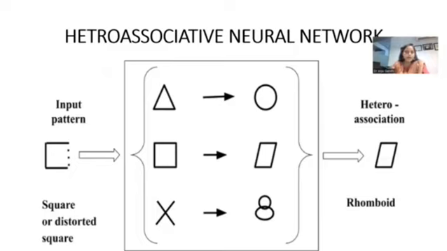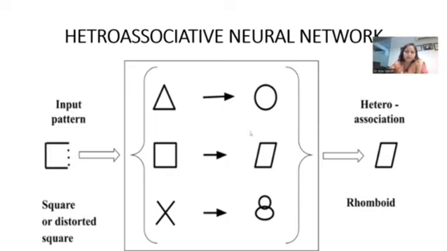So we are discussing associative neural networks, in which we have studied the auto-associative neural network. Now we will study the hetero-associative neural network, in which we will observe that due to some noise or any other reason, the input pattern gets distorted.